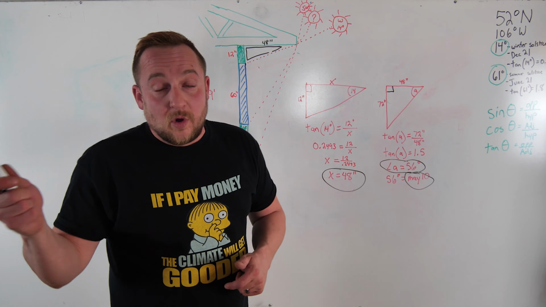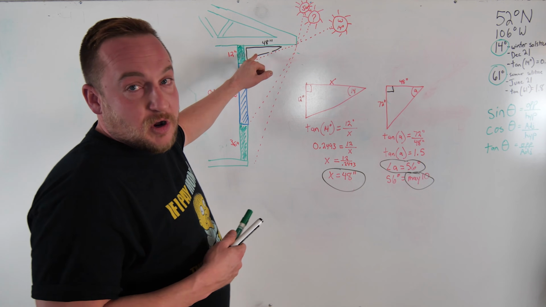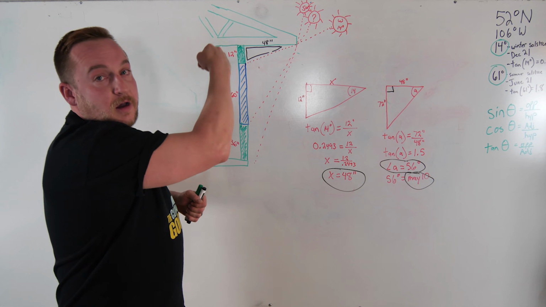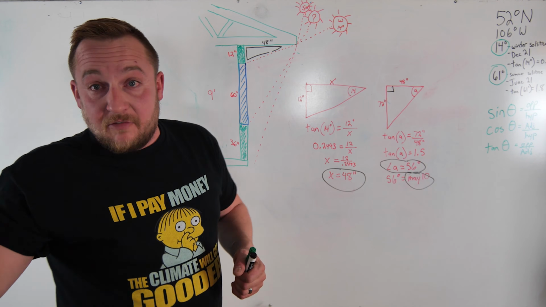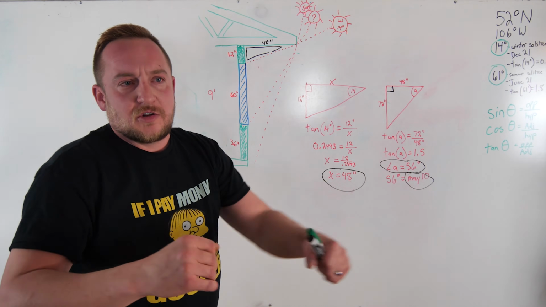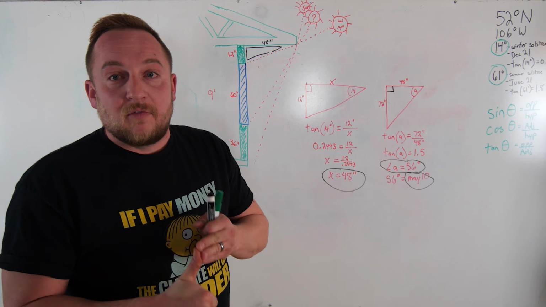I did that on one of my west windows, because on the south it's protected by the truss, but I have a west window that I wanted to protect from the sun coming in late in the afternoon.